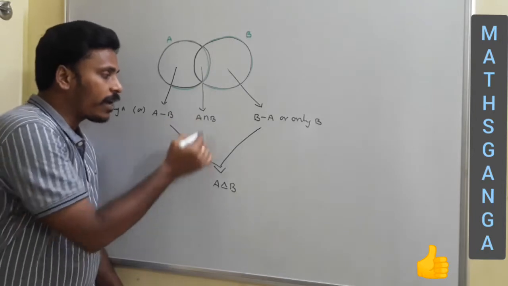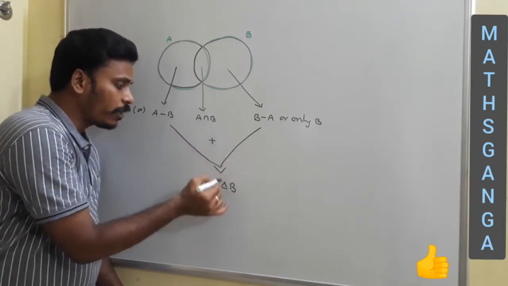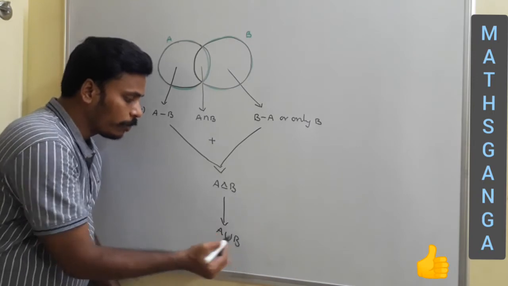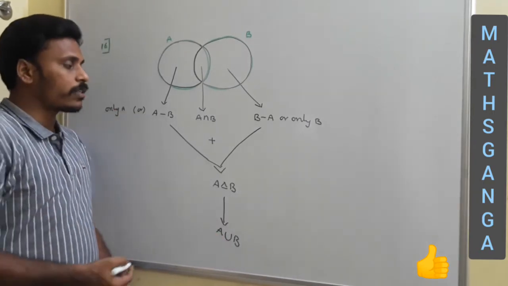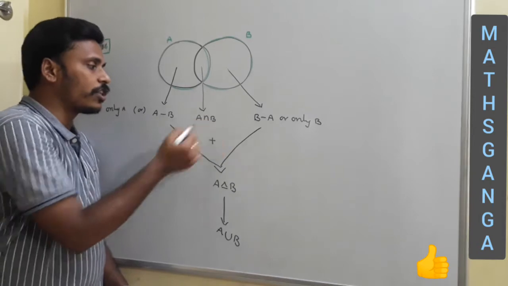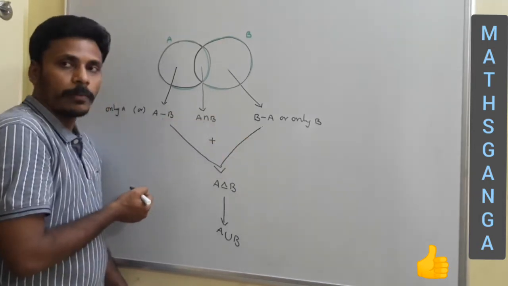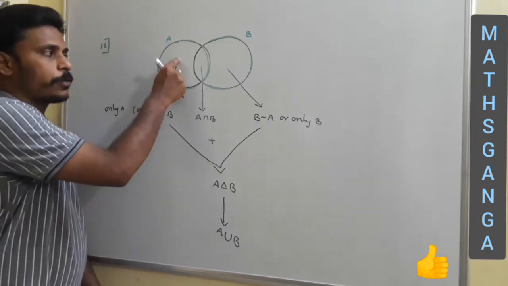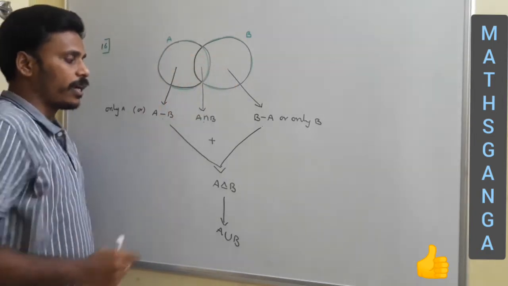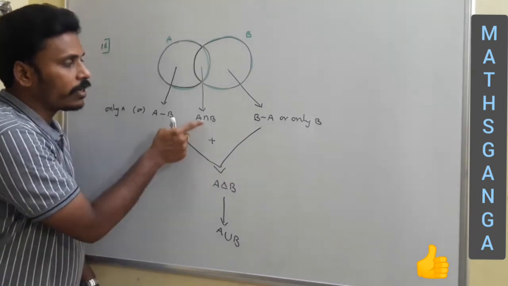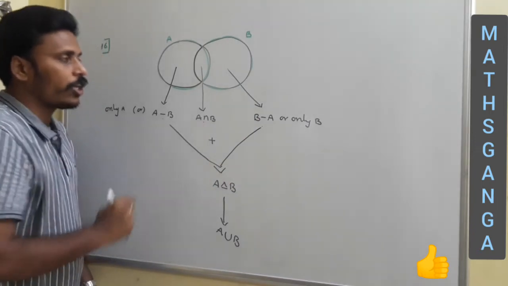And if you add A intersection B to A delta B, these two together will give you A union B. Otherwise, you may say that A union B is just these three: A minus B, A intersection B, and B minus A. The union of A minus B and B minus A is A delta B, and A delta B and A intersection B combined give us A union B.